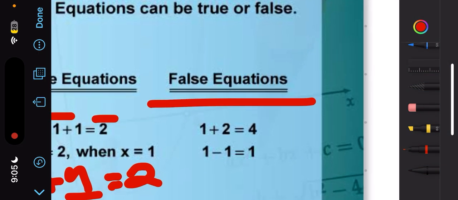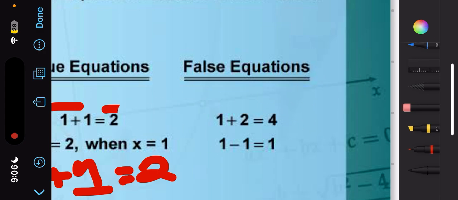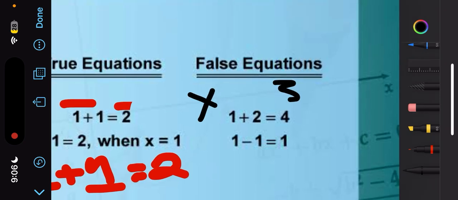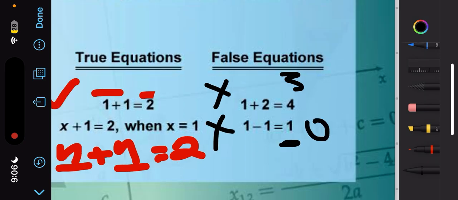But in a false equation, 1 plus 2 is equal to 3, but wait a minute, here it is written differently, so it is a false equation. 1 minus 1 is equal to 0, here it is written 1, so it is a false equation.